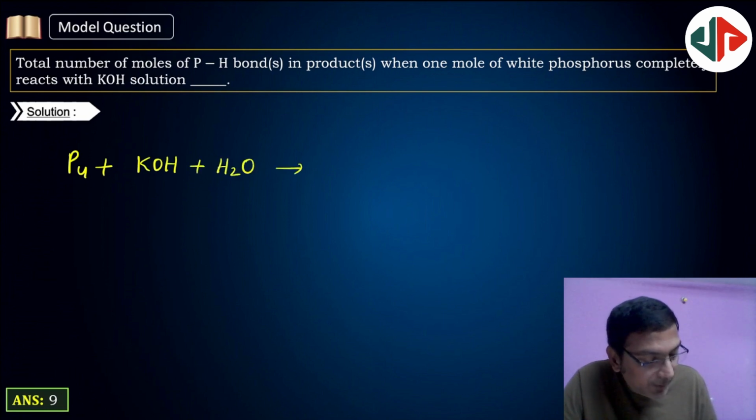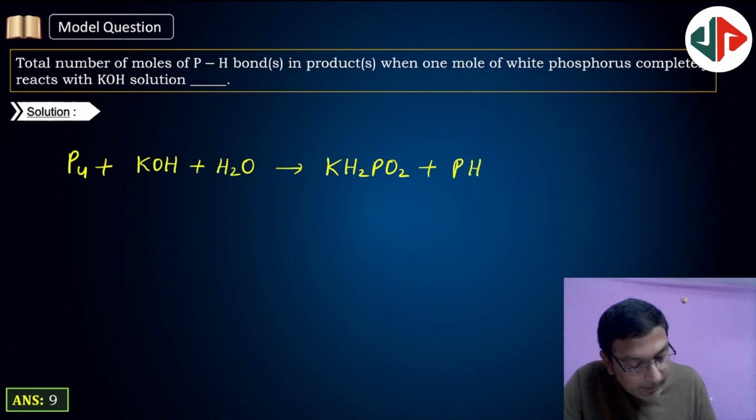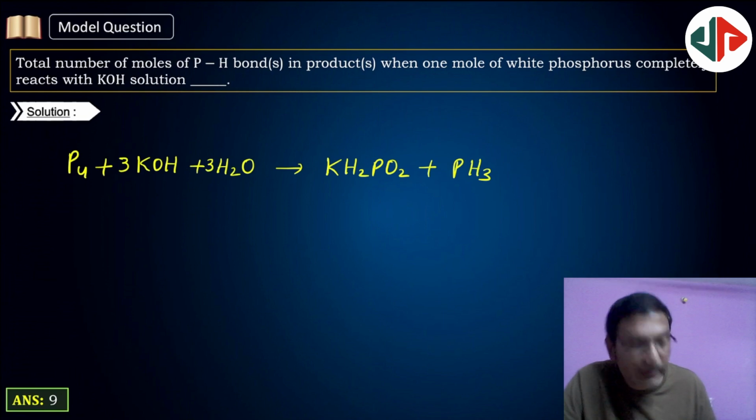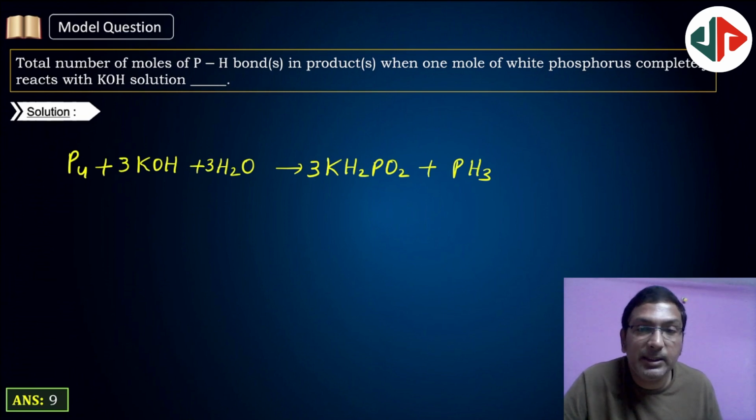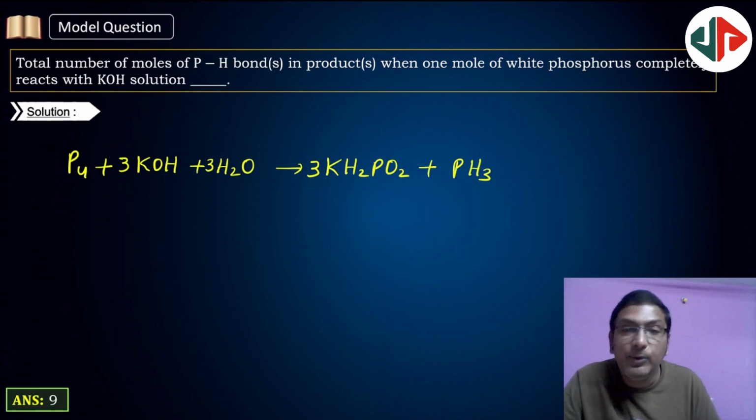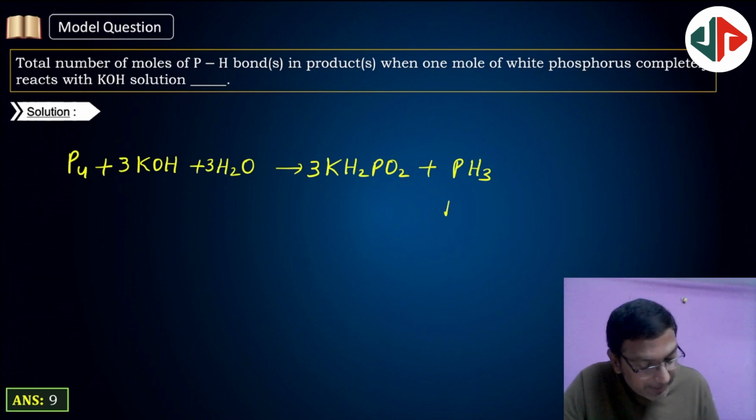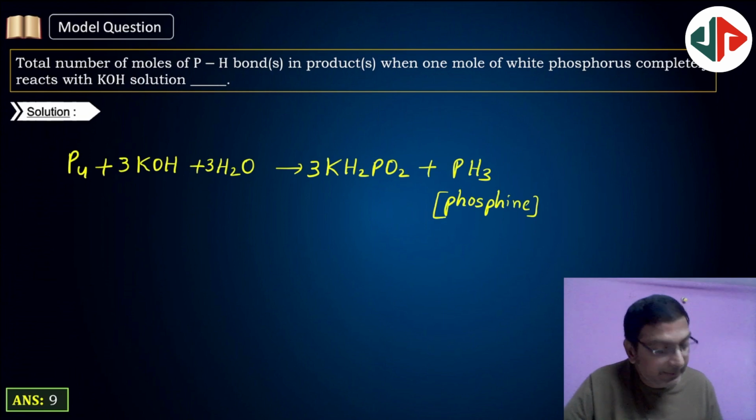Solution means H2O must be there. So KH2PO2 plus PH3. So balance: 3 moles of KOH, 3 moles of H2O. Next here 3 moles of KH2PO2, potassium hypophosphite, and PH3, this is phosphine gas.